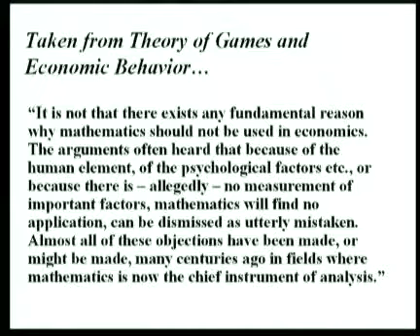That can be dismissed as utterly mistaken." Those are von Neumann's words. "Almost all of these objections have been made, or might have been made, many centuries ago in fields where mathematics is now the chief instrument of analysis."